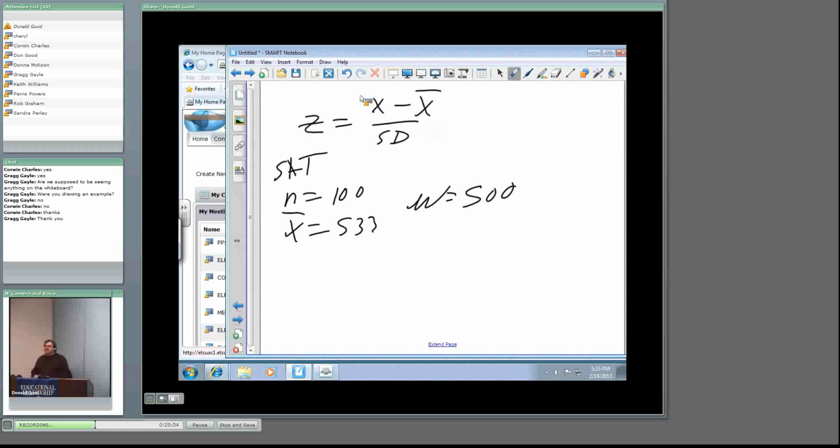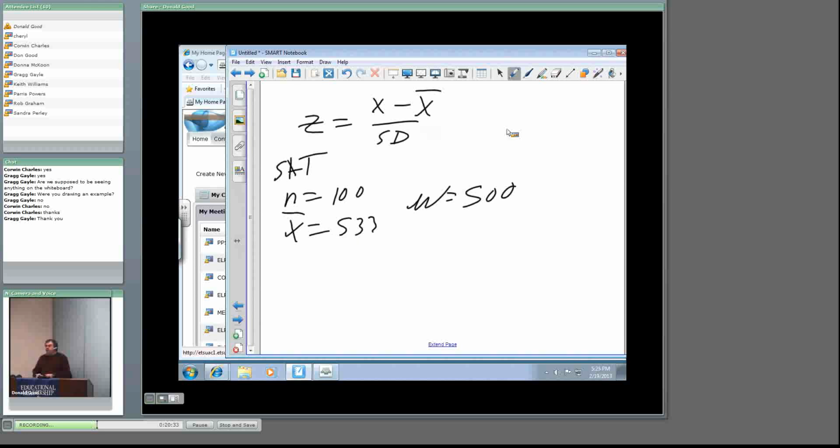The z-ratio is not comparing a score with the mean. It's comparing my mean, the sample mean, with the population mean. So I don't have any individual scores involved here. I just know that my mean is 533, the overall mean is 500. How do those compare? Okay, 533 is higher, but is it enough higher to get excited about?